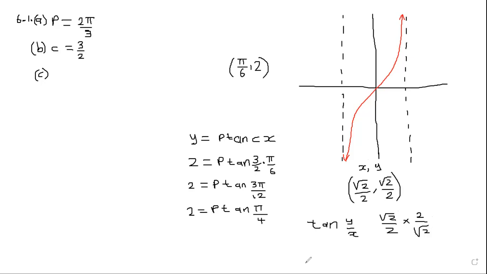Then 2 will cancel 2, square root 2 will cancel square root 2. But they don't cancel to 0. Remember, they cancel to 1 because they are dividing into each other. So tangent of pi over 4 is equal to 1.